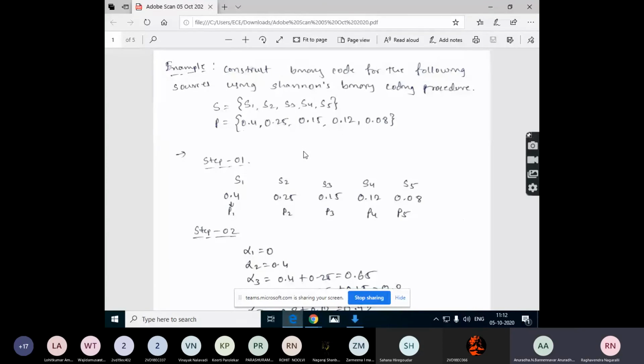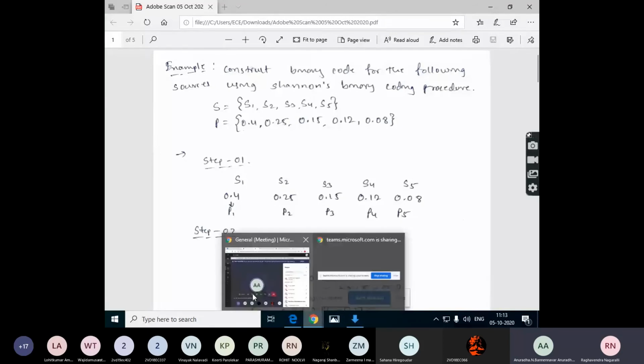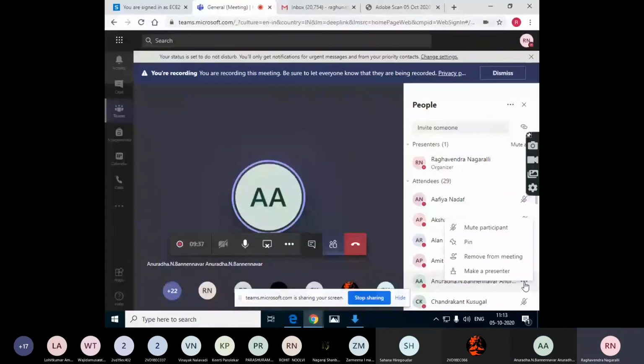Arrange the symbols with respect to decreasing probabilities.